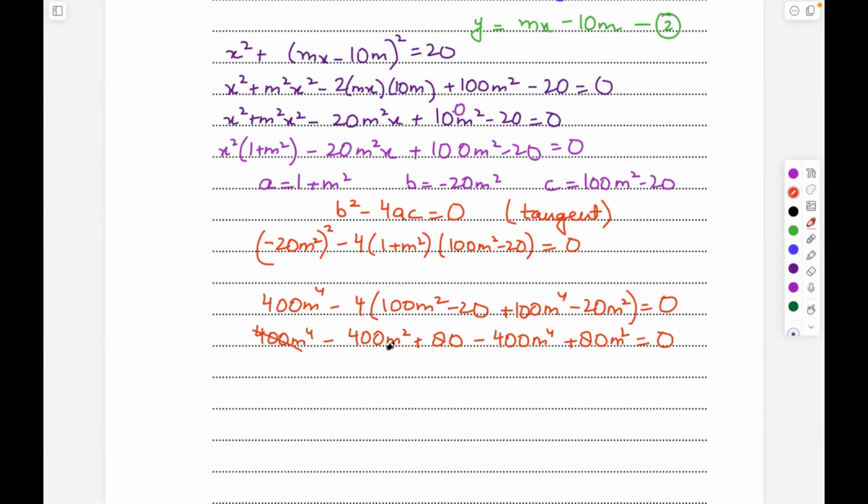So 400m to the power 4 and minus 400m to the power 4 will cancel out. Minus 400 plus 80 will become minus 320m squared plus 80 equals 0.